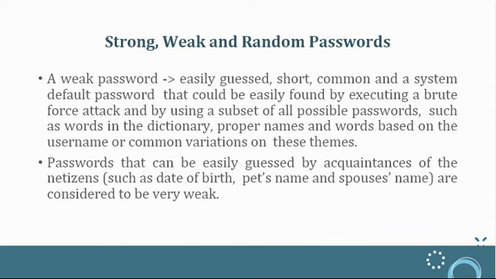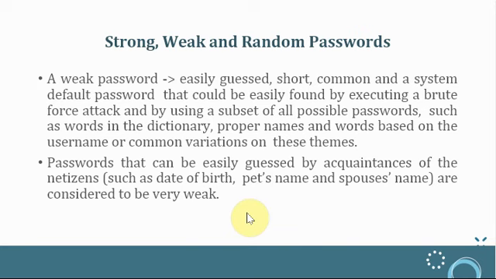A password that can be easily guessed by acquaintances of netizens or the users, like the user's date of birth, pet name or spouse name, is usually called a weak password. For example, if your name is Peter and you give the password as Peter, somebody can very easily try and crack your password.